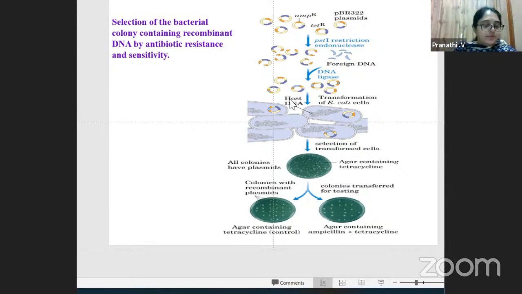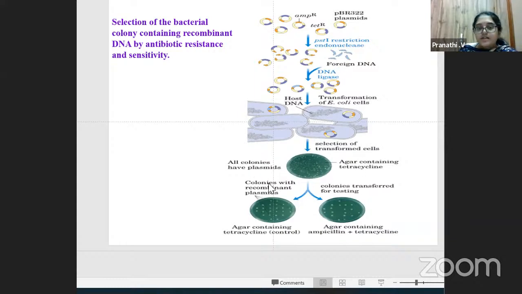So when it comes to replica plating, you can see these are the plasmids that are there. Restriction endonucleases are added, and foreign DNA is also incorporated. DNA ligase helps in joining these plasmids together. Transformation of the cells takes place, followed by selection of the transformed cells.